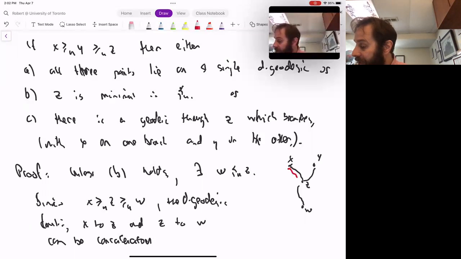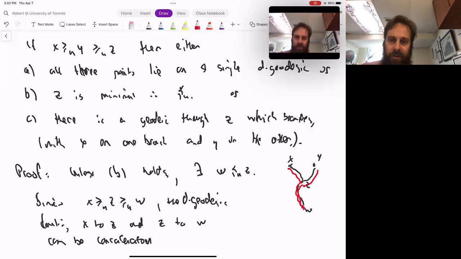So the concatenation of this with this is a geodesic. And similarly, the concatenation of that with this is a geodesic. And so I've just constructed a branching geodesic.